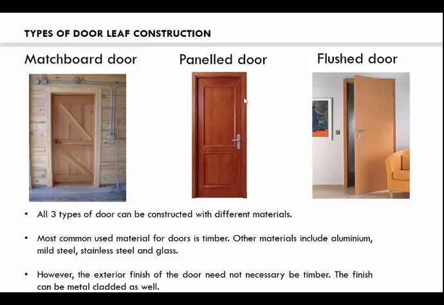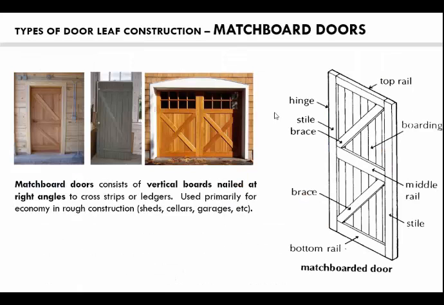The most common type of door that we see in the market is timber door. However, do not misunderstand that timber door means the finish is also timber. Sometimes the doors come in timber form, but you can actually have aluminium cladding outside. You can have your metal cladding inside. The other common types of door we see are glass doors as well, right? Matchboard door, the first door that we're going to learn.